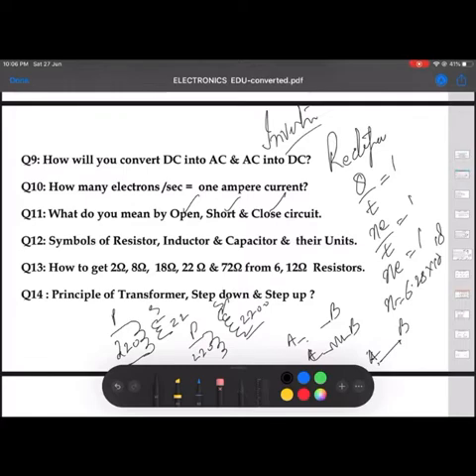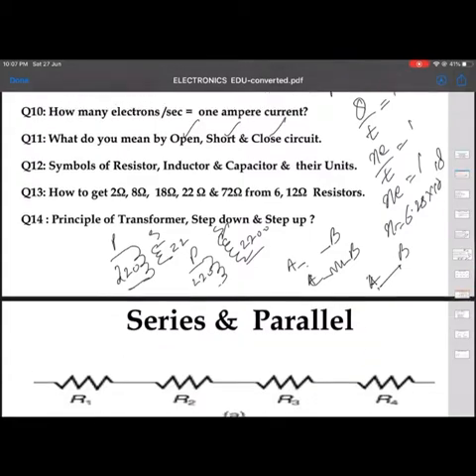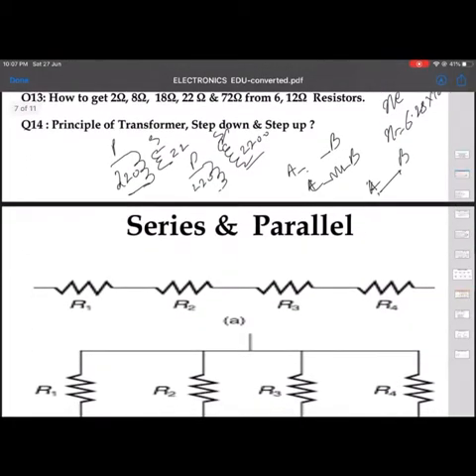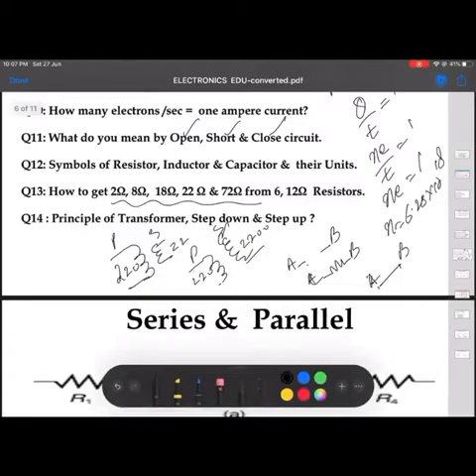This device works on the law of electromagnetic induction, and it cannot work with DC because there is no change in electric field and no change in magnetic field, so there cannot be induction. So one should be very clear that as far as the transformer is concerned, it cannot work with DC.